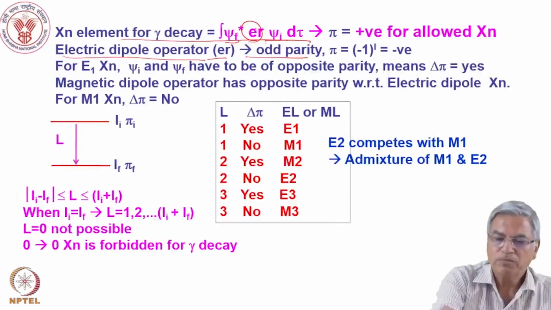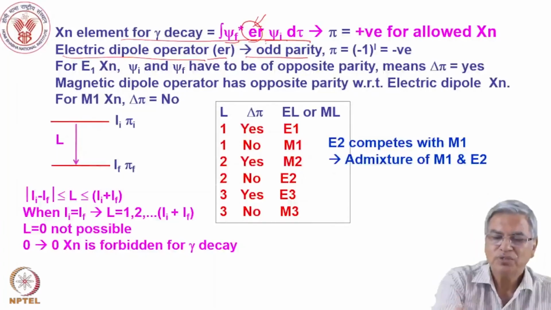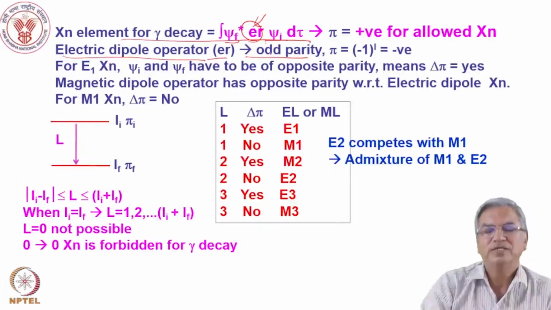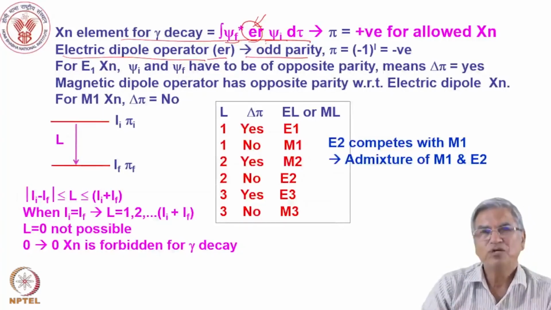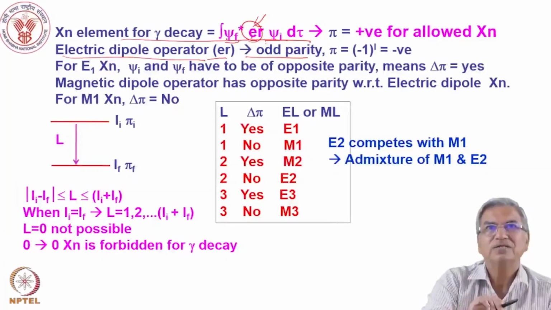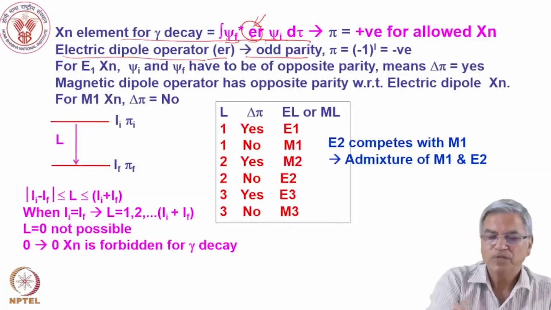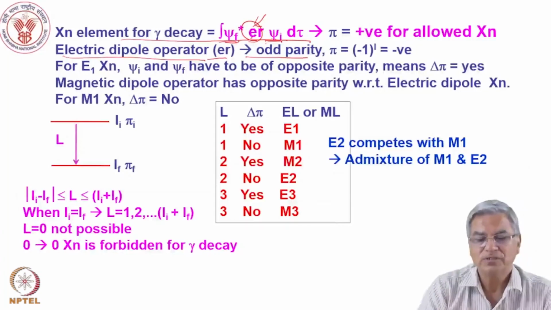Now, one of the elements of this transition matrix is odd, or negative parity. So if this transition has to be allowed, then psi i and psi f have to be of opposite parity. If one of them is odd, the other has to be even for an electric dipole transition.